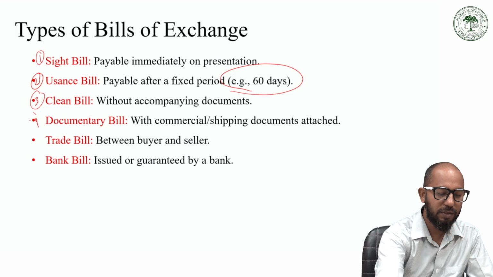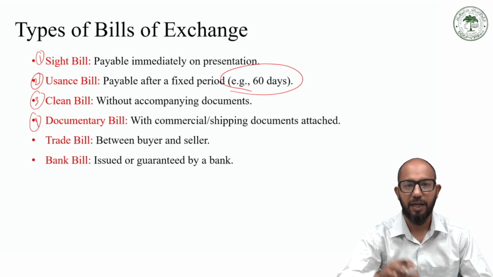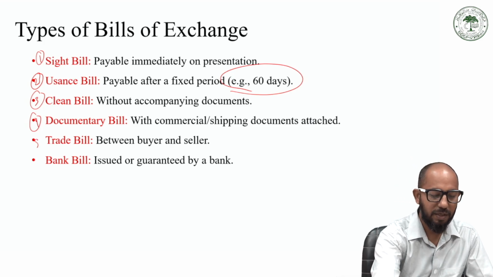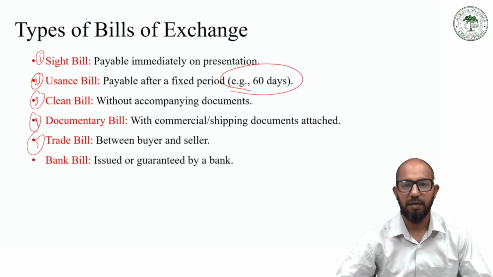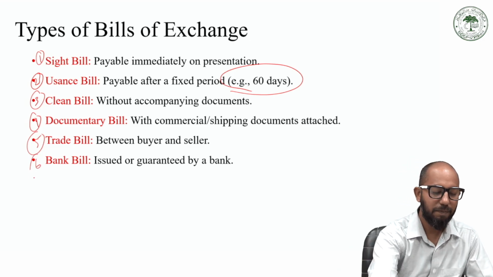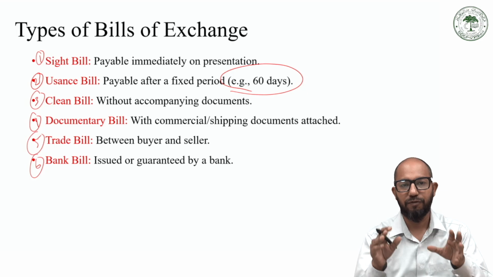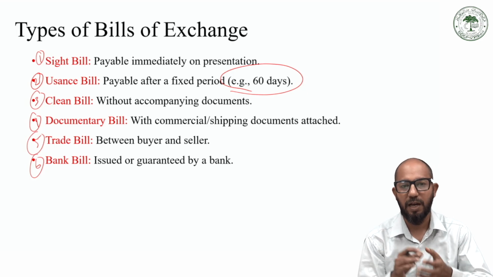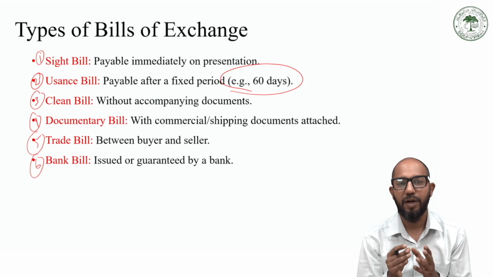The fourth is documentary bill of exchange, which is very important. It has commercial and shipping documents attached with it. The fifth is freight bill of exchange, which is between buyer and seller. The sixth is bank bill of exchange, which is issued or guaranteed by the bank. Thus, all these different types of bill of exchange are available for the exporter and importer to explore and use.